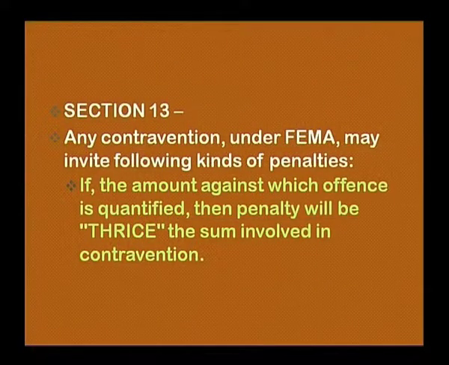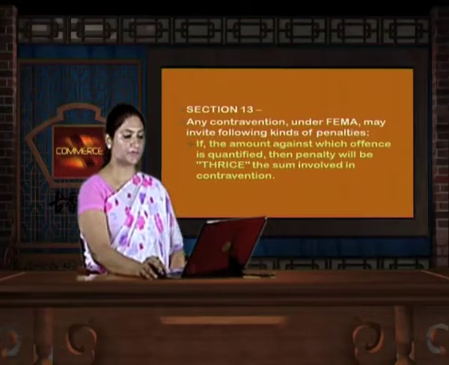Section 13. Any contravention under FEMA may invite the following kinds of penalties. In case a person who is dealing in foreign exchange has failed to comply with the provisions of the Foreign Exchange Management Act, then the same shall be met with penalties. Firstly, if the amount against which the offence is committed is quantifiable, then the penalty will be thrice the sum involved in the contravention.